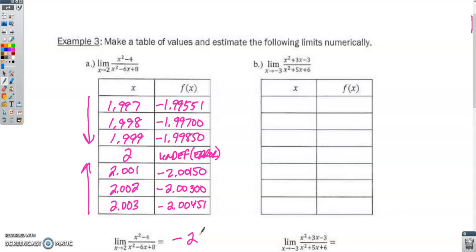All right, let's look at B. B is a little different from all the other problems we're going to see here. All right, so let's go ahead and fill the values into our table here, and find this limit as we approach -3.